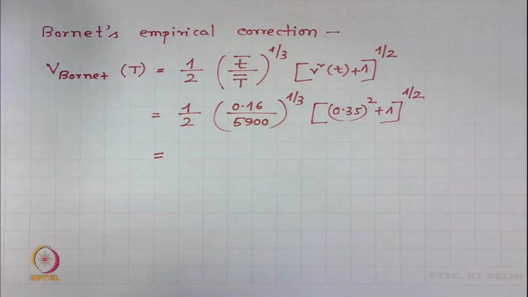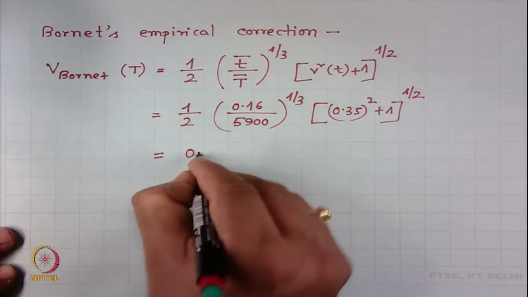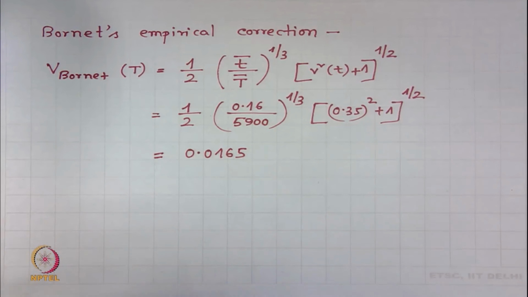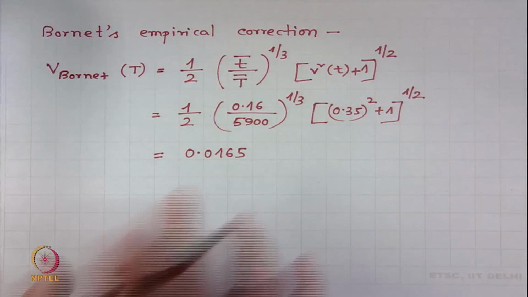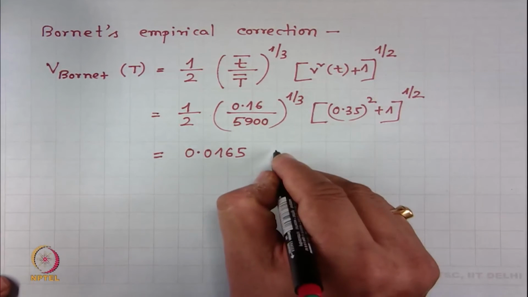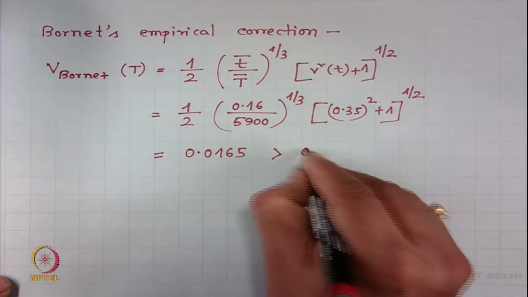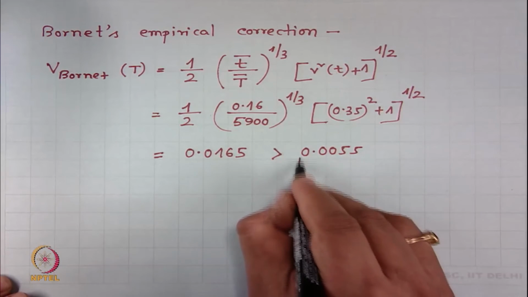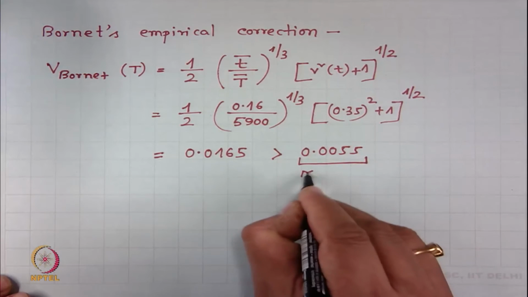So, this value you will get 0.0165. See, limit irregularity is greater than 0.0055. This came from Martindale.